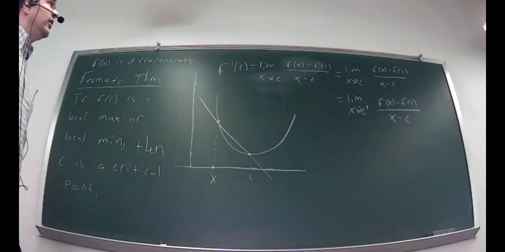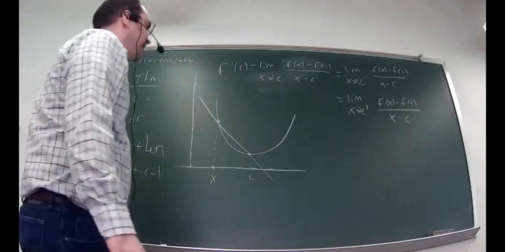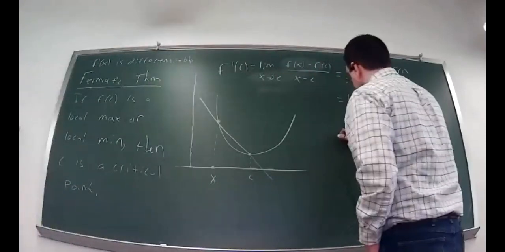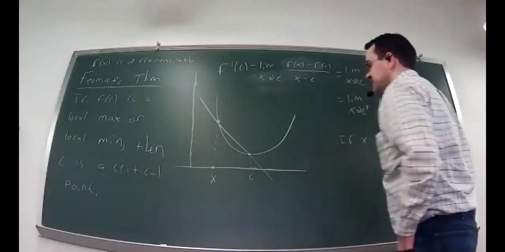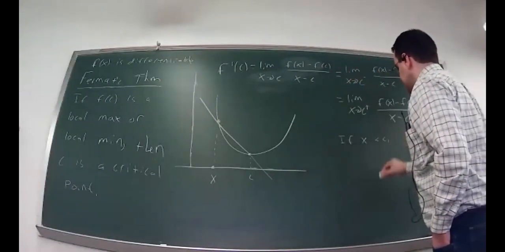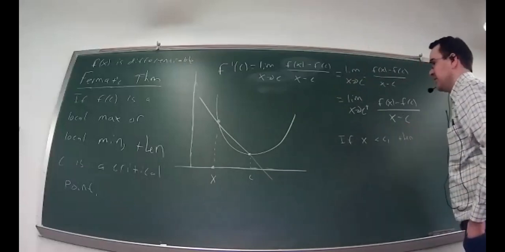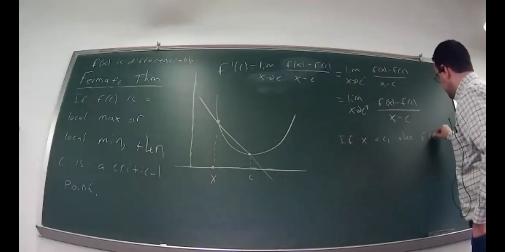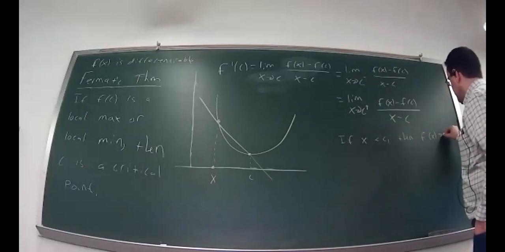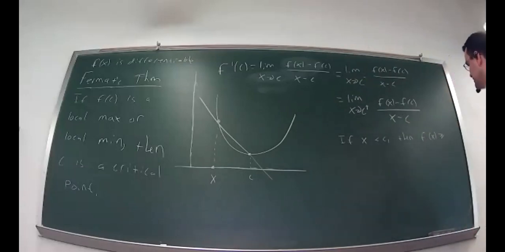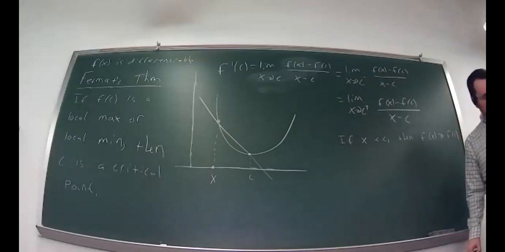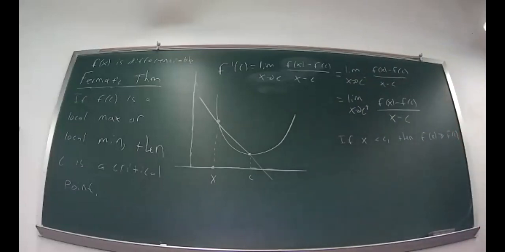But the thing that you'll notice is that if x is less than C, then f of x is bigger than or equal to, perhaps, f of C. That's what local minimum means.